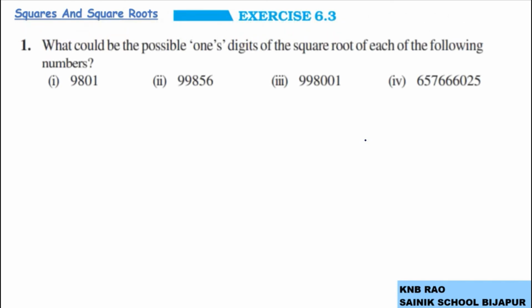Now we will discuss some questions of exercise 6.3. In that, the first question: what could be the possible ones digit of the square root of each of the following numbers? Remember, these are perfect squares.